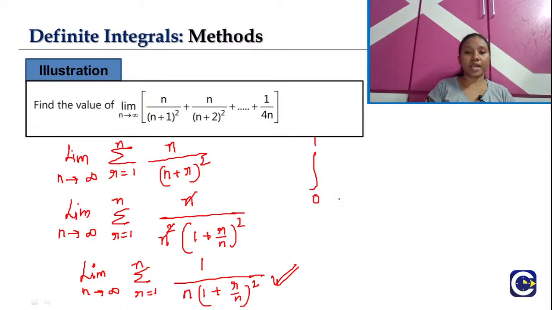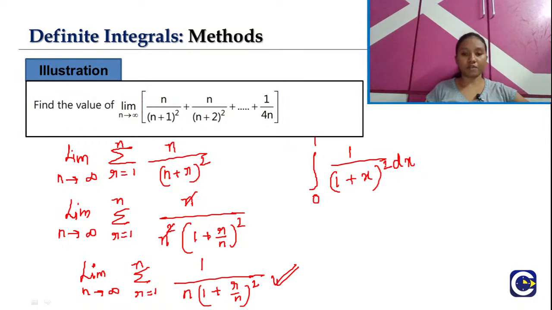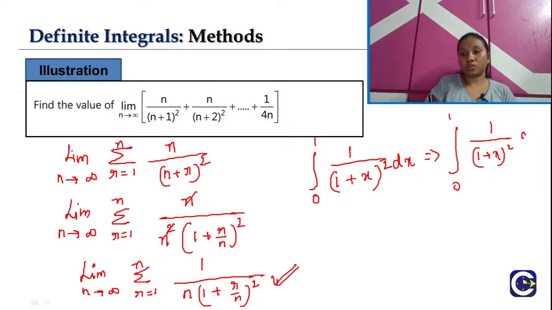And in place of 1 by n, we are going to substitute this dx, and here 1 by 1 plus, in place of r by n, we will be substituting x, so 1 by 1 plus x whole square. So this will be our function. That is, our definite integration here will be 0 to 1, 1 by 1 plus x whole square dx. And we know how to simplify and find the integral value here.